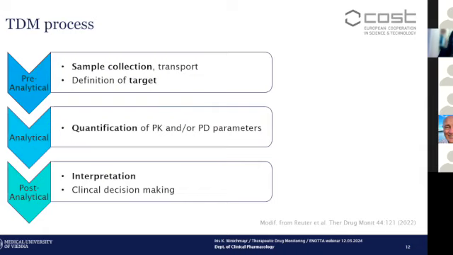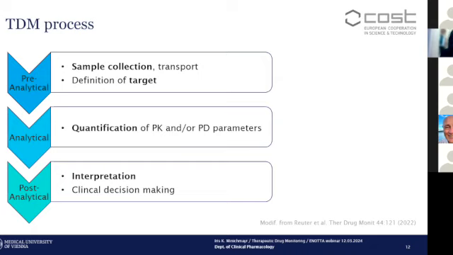Basically, the TDM process can be viewed as three phases. The pre-analytical phase includes aspects before laboratory sample analysis, like specimen collection and transport, but also the selection of a target you would like to achieve in your patient. The analytical phase involves all steps leading to accurate quantification of the target parameter.